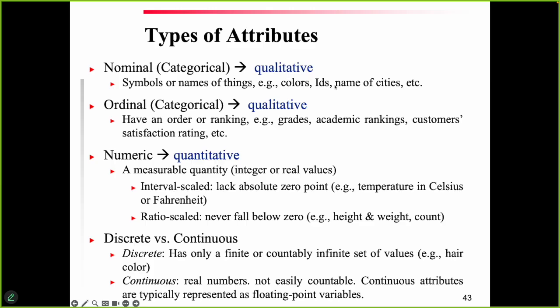But ordinal attributes, which are also categorical, do have an order, for example academic rankings, grades, customer satisfaction rating. These kinds of things have an order, so they are ordinal categorical.